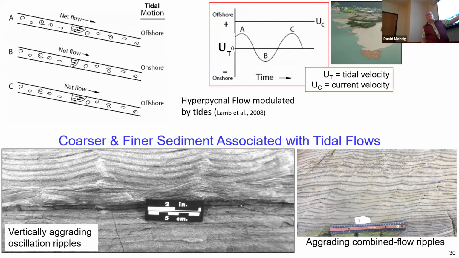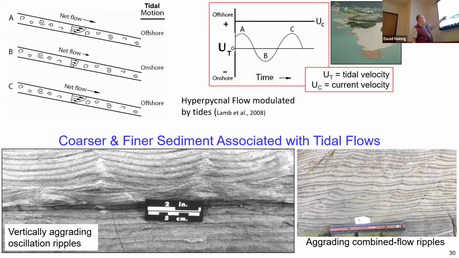My colleagues, honestly, many of them do not believe, because this is new, and the sedimentary structures used to identify environments have been around for a century. So it's an uphill battle.